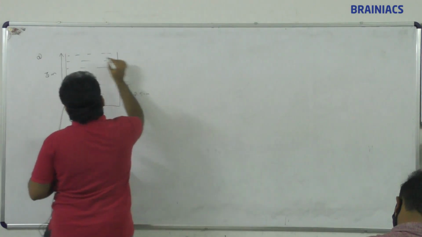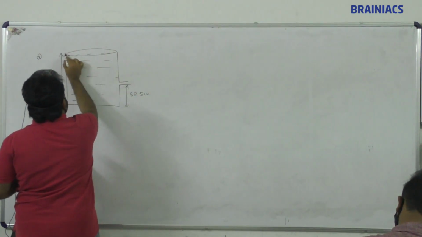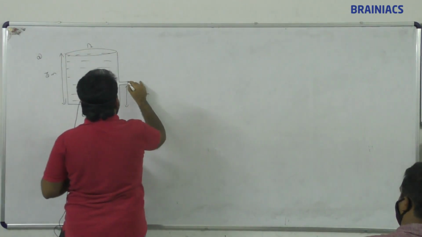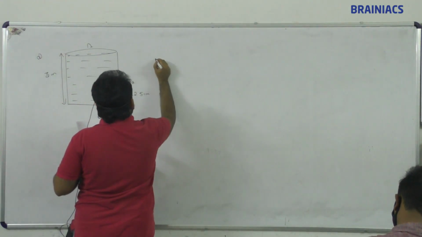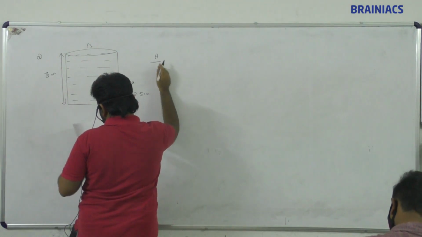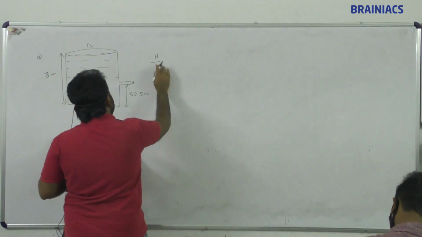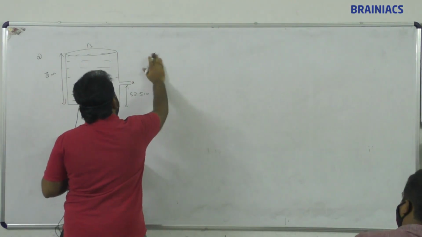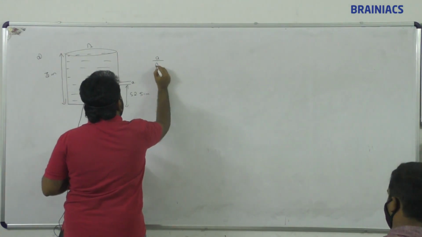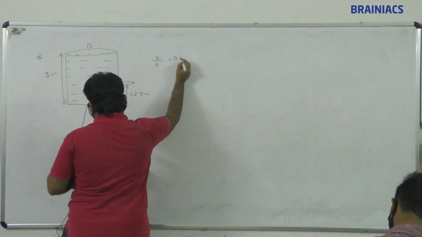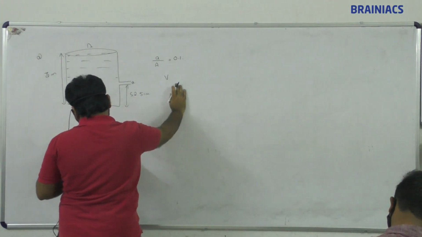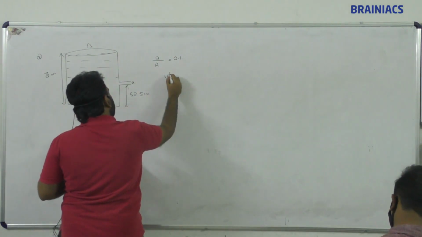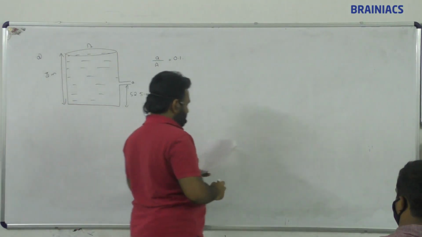The ratio of cross-sectional area, okay, this is also given, A and this area. Suppose if this is A, the ratio of cross-sectional area of orifice to that of tank, that is a by A, is given as 0.1. Then find V square.